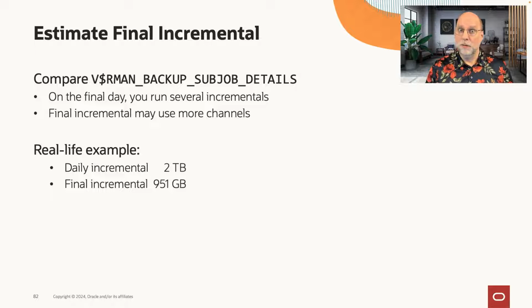So you can speed up the backups, not just by decreasing the interval, but by applying more resources, more parallel channels. And here's a real life example. We had a customer whose normal incremental backup was down to 2 terabytes, and they were able to get that final incremental down to 951 gigabytes, so less than 1 terabyte.